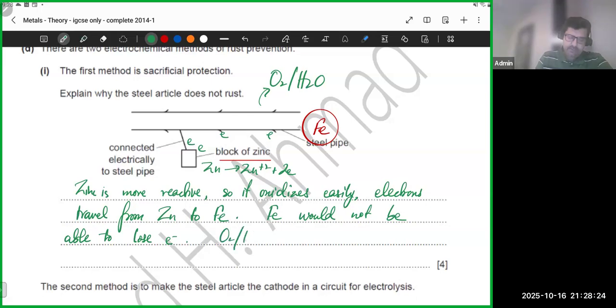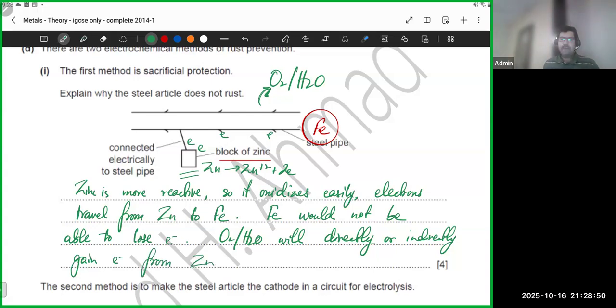The oxygen and water will directly or indirectly react with zinc. Those electrons are indirectly coming from zinc, and you're not going to have any corrosion. In the presence of zinc, iron would not be the one losing electrons.